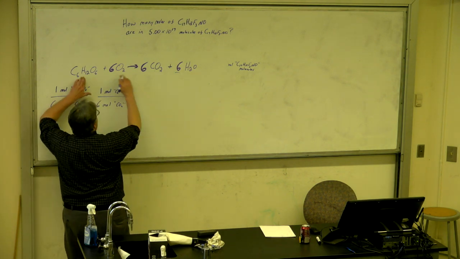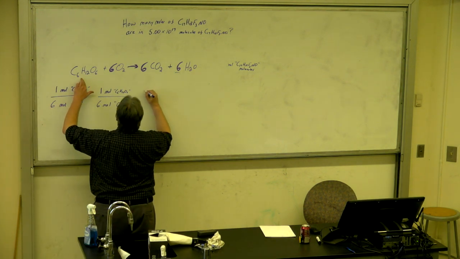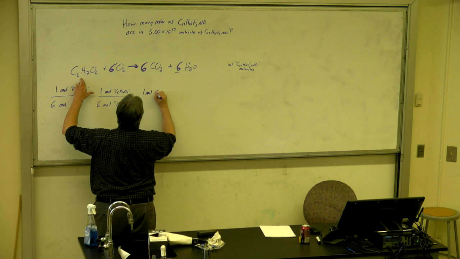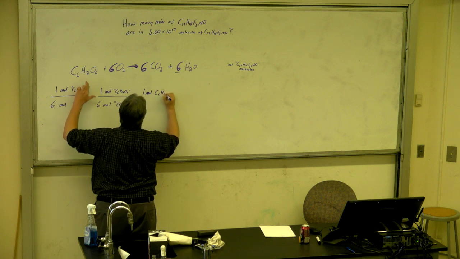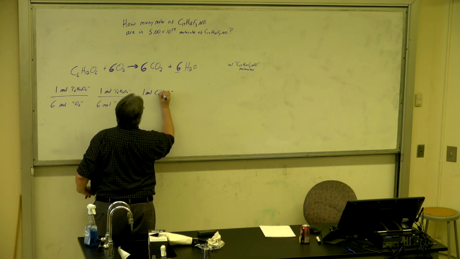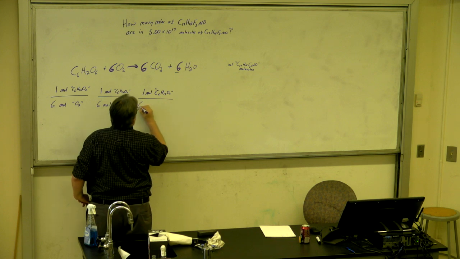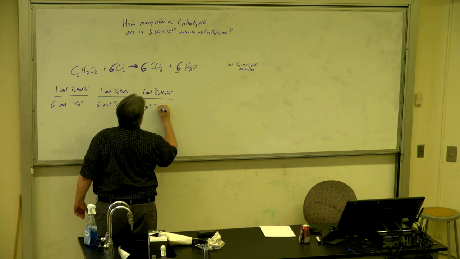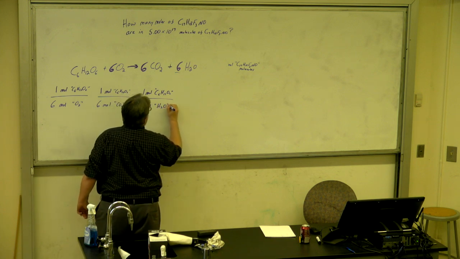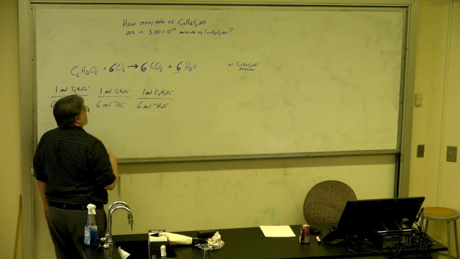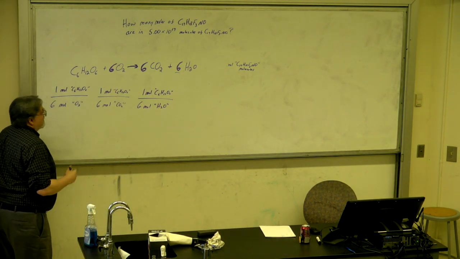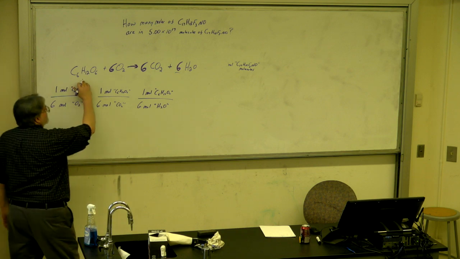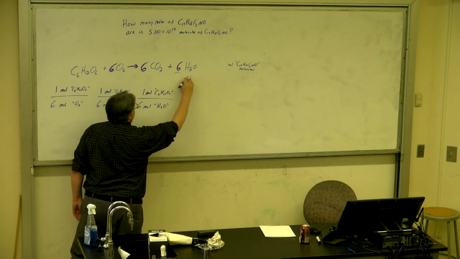I've done these two, I've done these two, now these two. To 6. Usually you don't have the same repeating number over and over. But that's saying for every 1 mole of these, you'll get 6 moles of H2O.